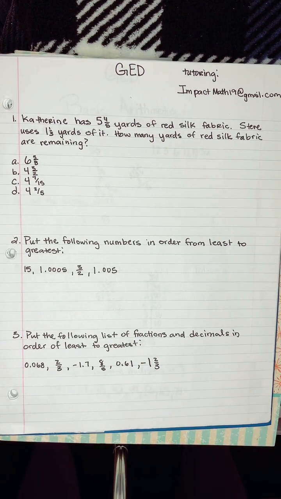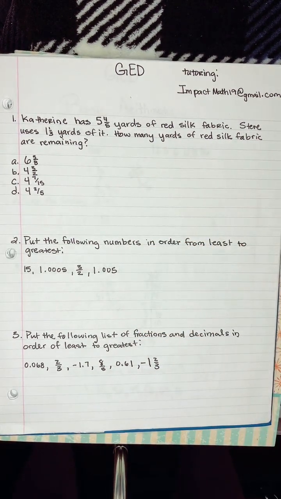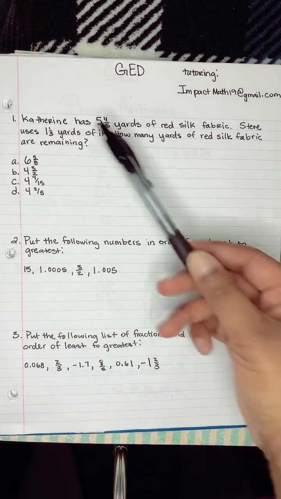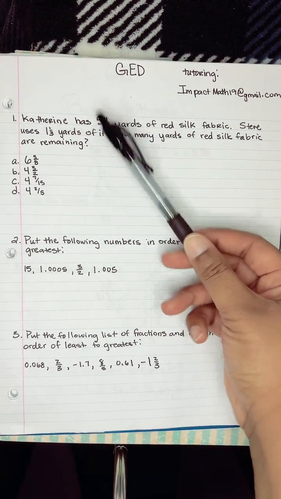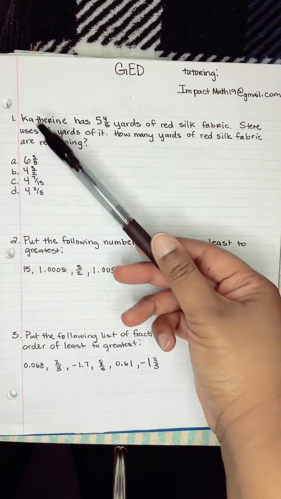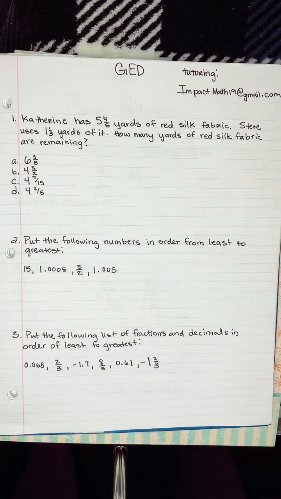So what are we doing with these two mixed numbers? Nicole says subtract. That's exactly what we're going to do. We're going to subtract these two because we started off with a total and then we want to subtract what he used, right?